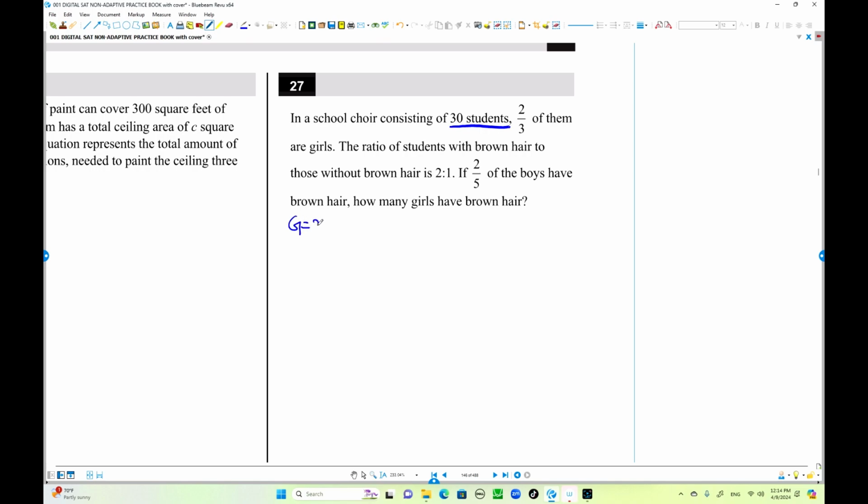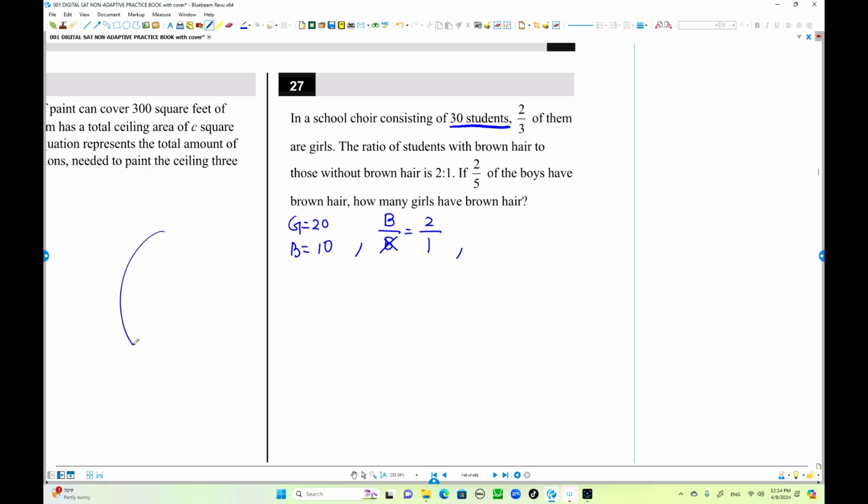Girls is 20, boys is what? 10, right? The ratio of students who have brown hair to without brown is 2 to 1, right? That's another given. The third one is 2/5 of boys, so we're gonna do this later.